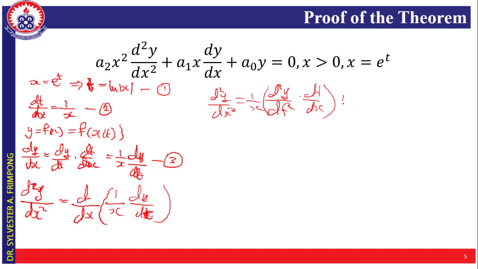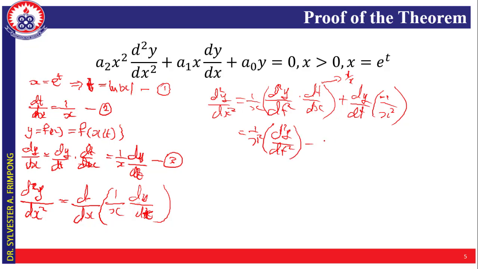And then plus, we now hold the dy dt, and then differentiate 1 over x, and we get negative 1 over x squared. And this is 1 over x. So it means that we have this one here giving us 1 over x. So if you multiply 1 over x by 1 over x, you have 1 over x squared into bracket d squared y by dt squared minus 1 over x squared dy dt.